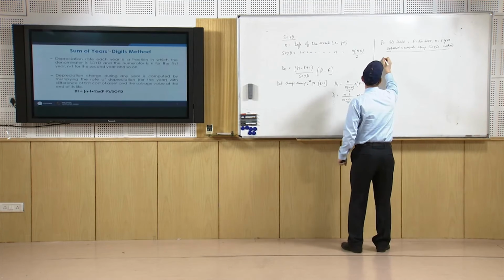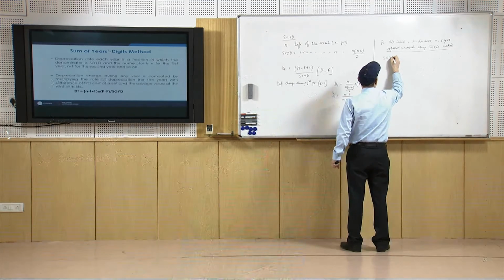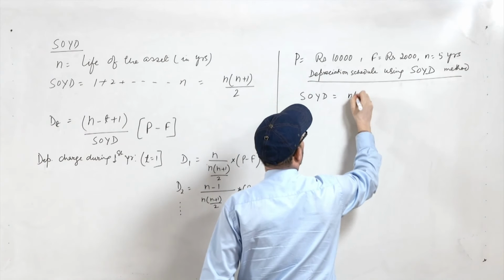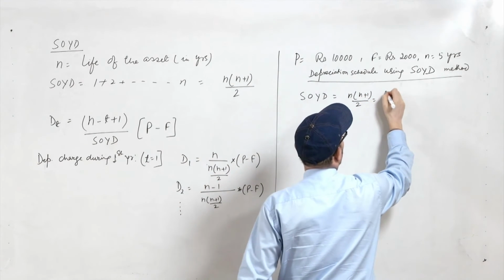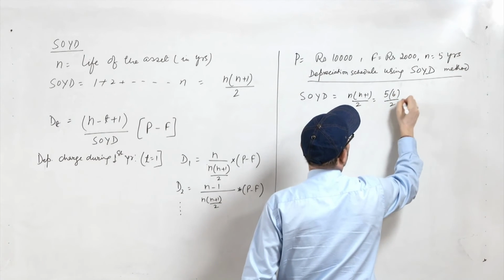We know that SOYD will be n into (n plus 1) by 2. So, that is 5 into 6 by 2, which is 15.